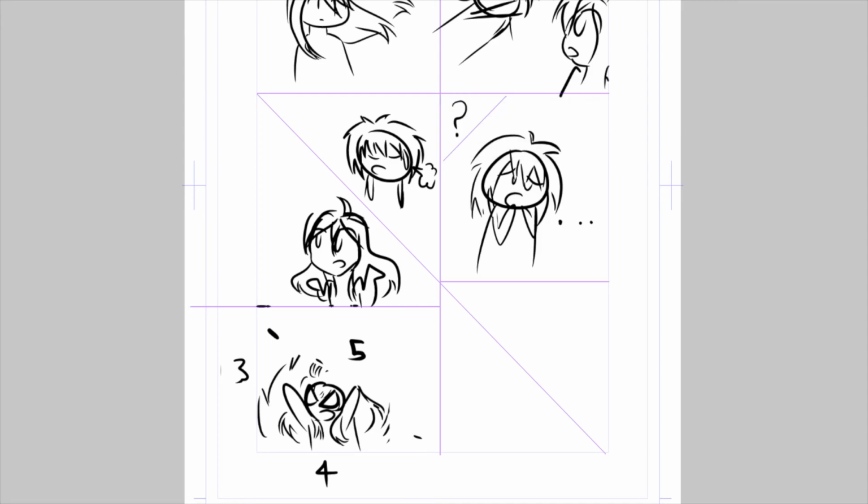Now we have one of the panels done. Thanks to the Pythagorean theorem.